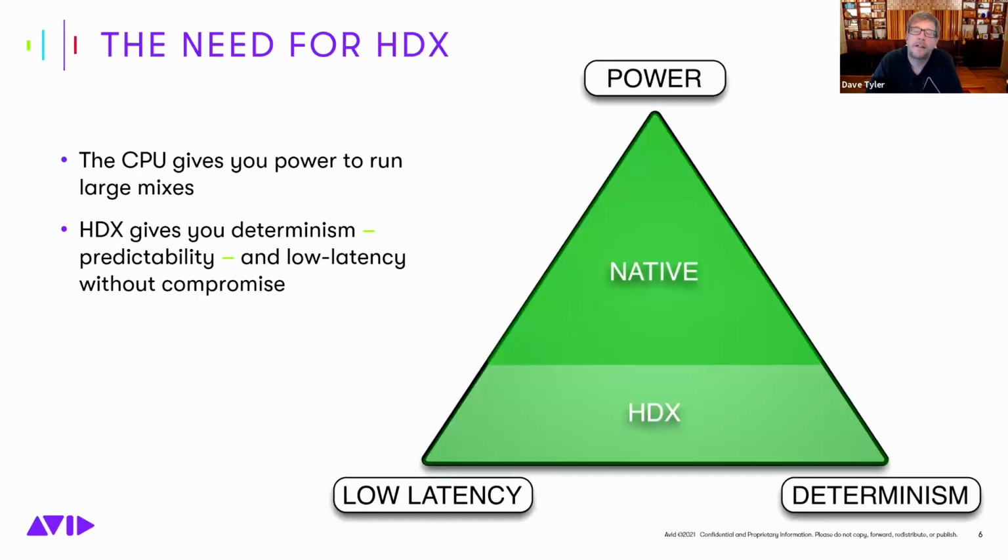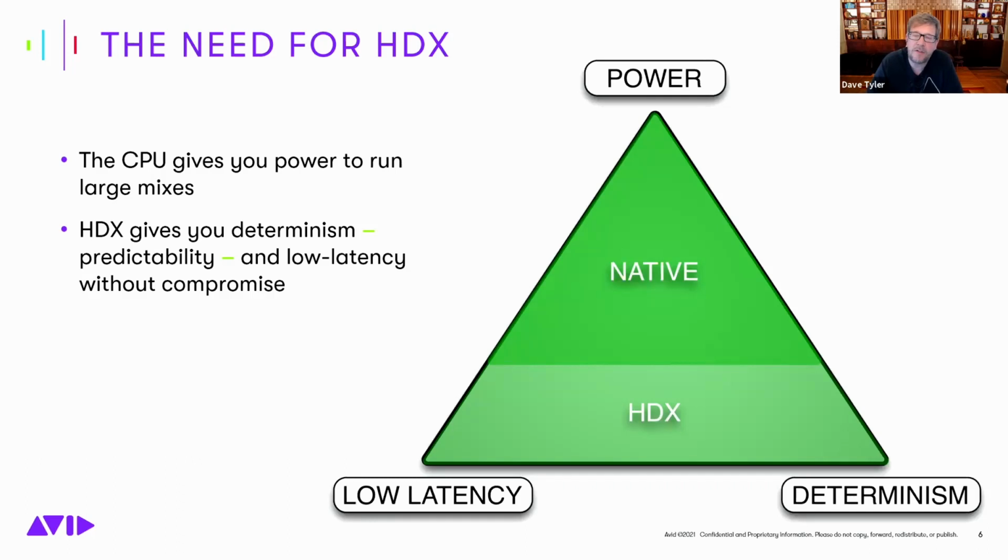This is actually a diagram from a blog article that was written when we first came out with HDX and moved to the 64-bit platform. And it's still really relevant. I think it's a really great example of where the strengths lie in DSP versus native.